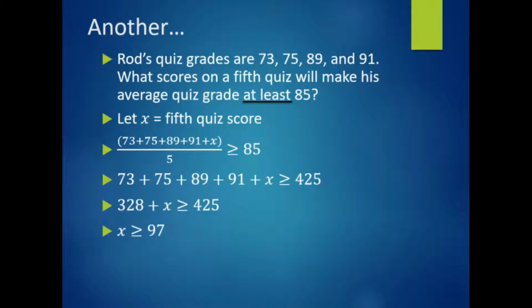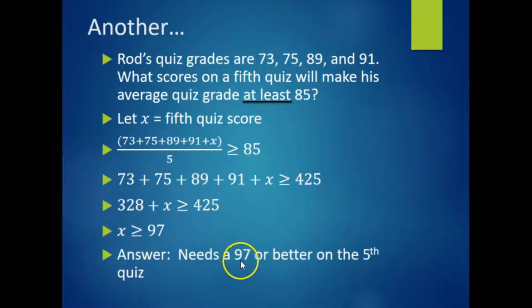Our solution to this inequality is x is greater than or equal to 97, and the question is asking us what scores on a 5th quiz will make his average quiz grade at least 85. Rod needs to score a 97 or better on the 5th quiz score.